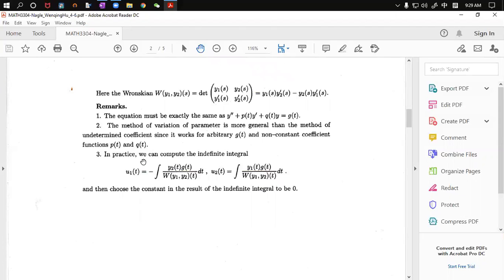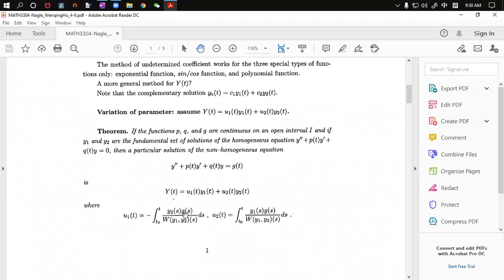But there are two more remarks I'd like to make. The first is that the method of variation of parameters is more general than undetermined coefficients. Why? Because the formulas here are very general. No matter what G you have, you can always multiply by what you want and integrate.